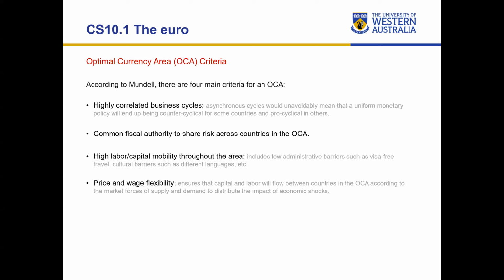That's the case, asymmetric business cycles, no fiscal sharing of expenditure, no capital and labour mobility, then the last chance that the recession area has to actually move out of recession is price and wage flexibility. Because this region that's in recession, it's really stuck.